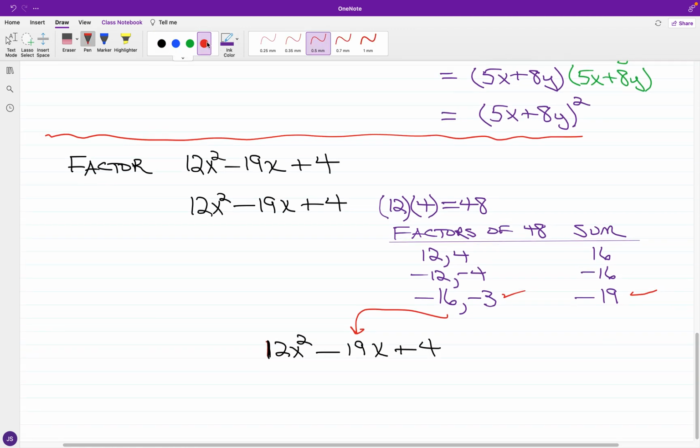Okay, so upon splitting up negative 19x, we have 12x squared, and it doesn't matter what order you place the terms. It could be minus 3x minus 16x, or minus 16x minus 3x.